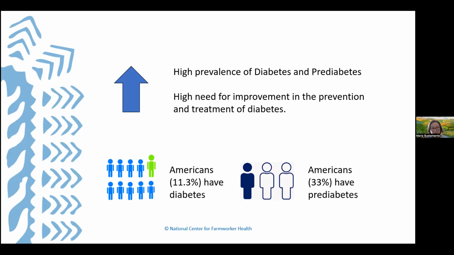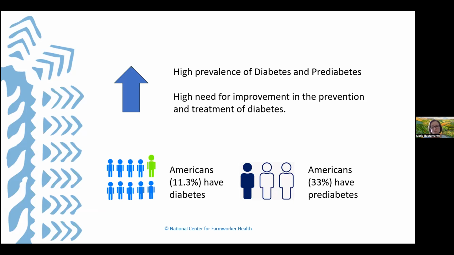And even bigger than that is that 1 in 3 have pre-diabetes. So if you look around you and the people around you, if there's 3 people, the probability that there's one of them with pre-diabetes is high. So this is data according to the Centers for Disease Control and Prevention, CDC.